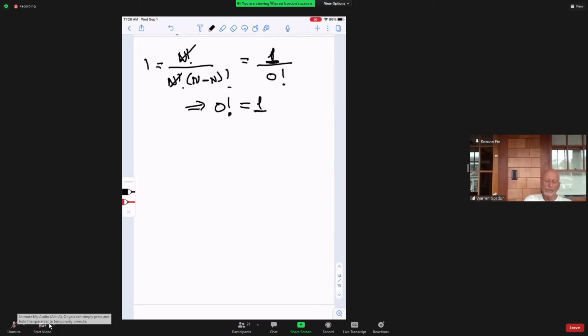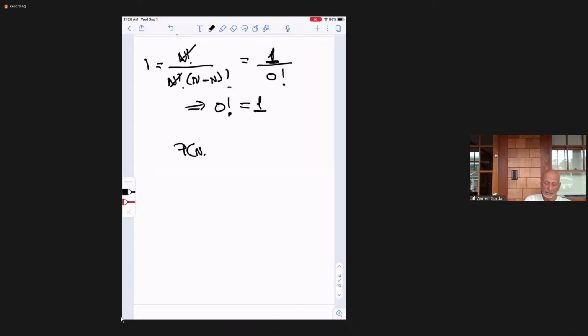So again, I want to point out the following. This gives you the number of ways we can choose r people from n, where order matters.